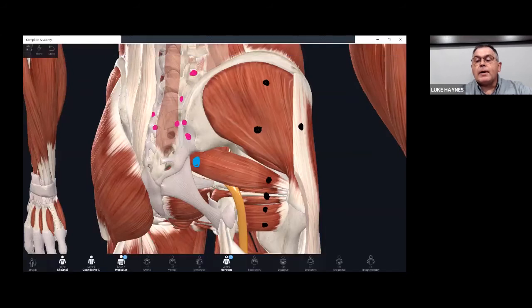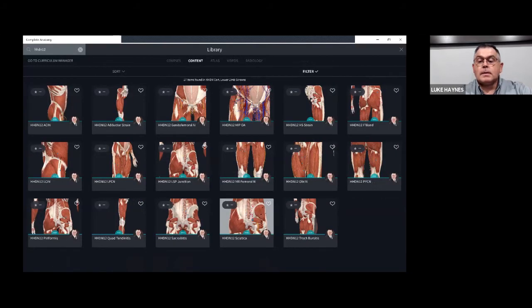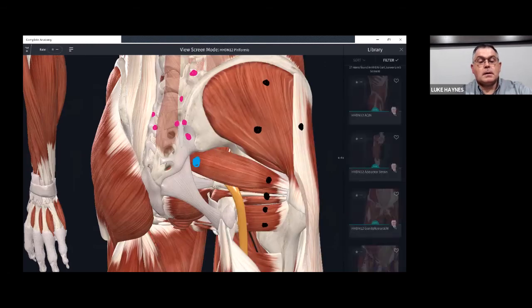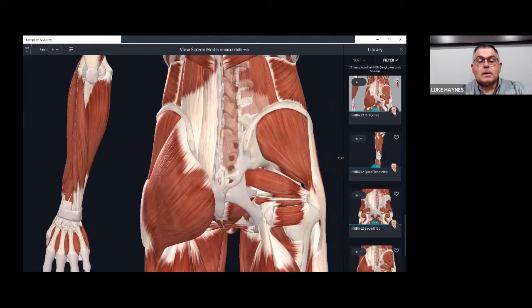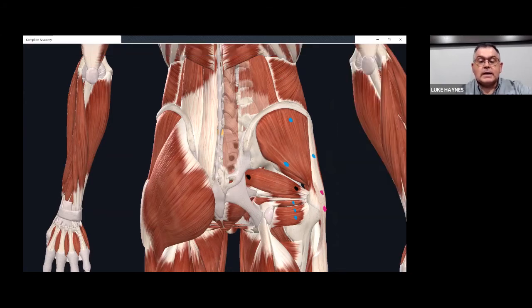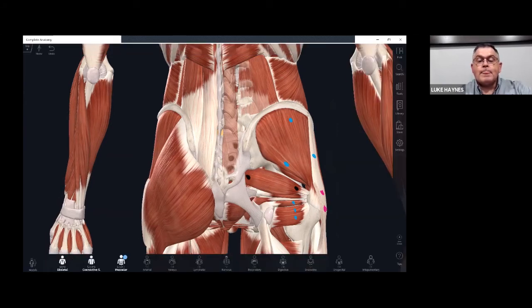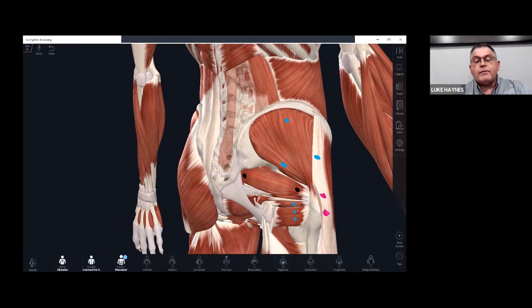So back to the library. Close that because I need to add one more here. So again, our primary piriformis. Okay, we're going to catch that.